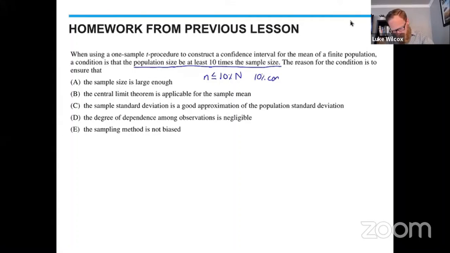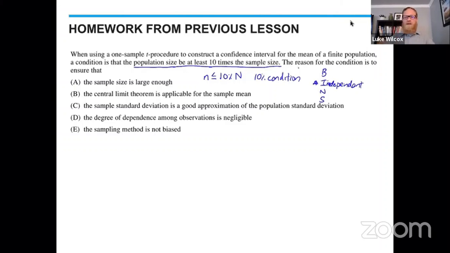And what we want to know is, why is it that we actually check the 10% condition? And just to remind you where this first showed up, it showed up with binomial distributions when we were checking the 4 conditions that are necessary in order to say that a distribution is binomial. And the second condition is the independent condition.